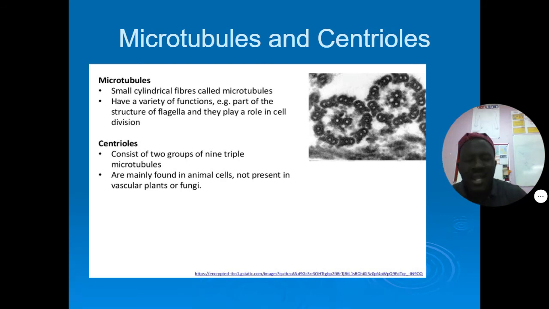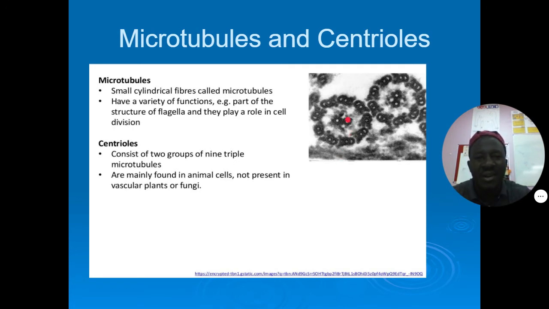I repeat, microtubules are the ones responsible for forming some structures like those of the flagella. So the flagella in a prokaryotic cell and flagella in a eukaryotic cell are different in terms of the kind of microtubule arrangements that make them up. They are all made up of microtubules, but the microtubule arrangement in a eukaryotic cell is a 9 plus 2 pair arrangement, whereas in prokaryotes, it's a 9 plus 0.